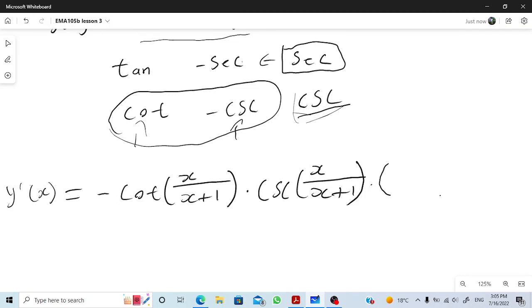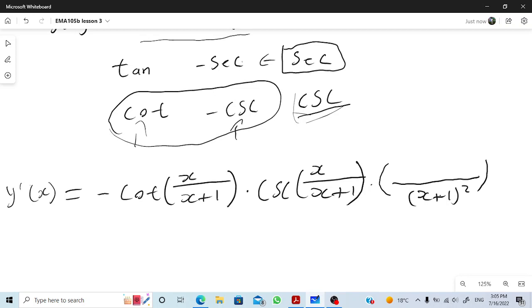So using the quotient rule, firstly you have x plus 1 squared. This is what we have, x plus 1 squared.